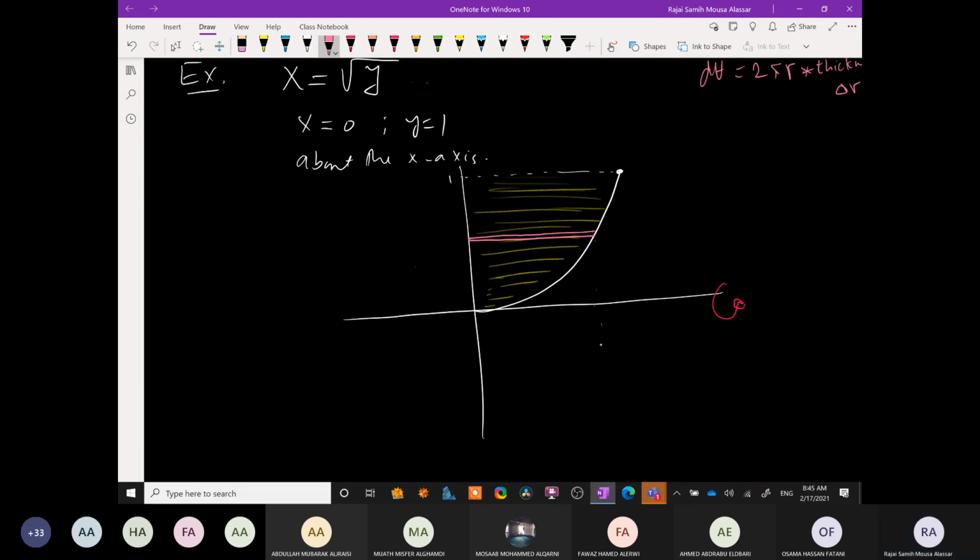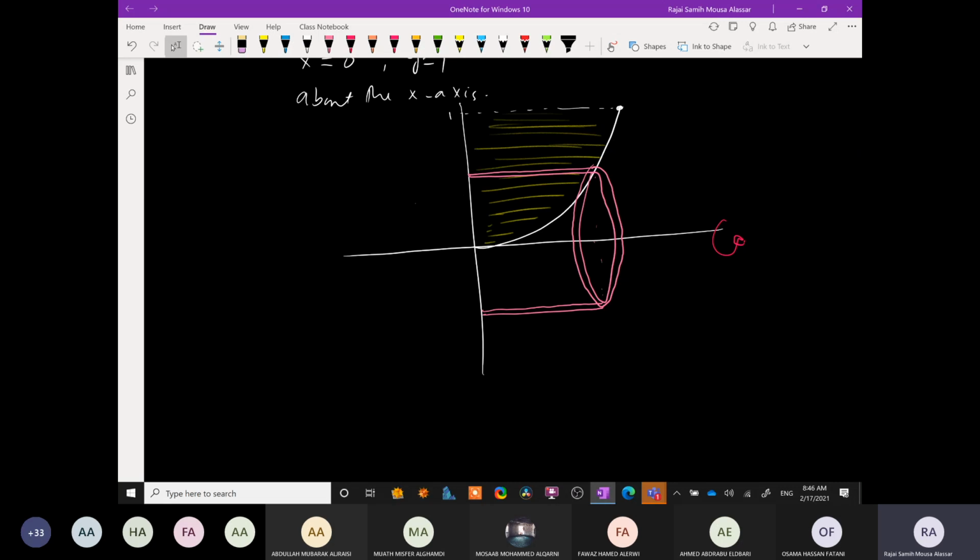You agree? Okay, so this goes something like this. What we need is to calculate the volume of this.